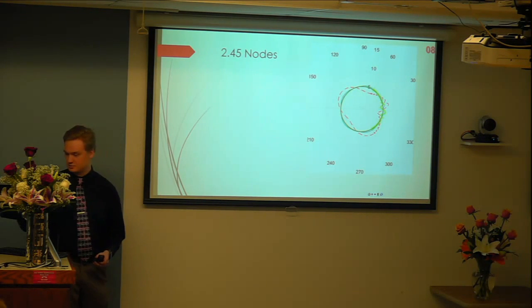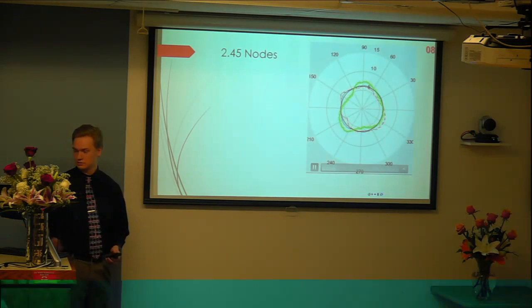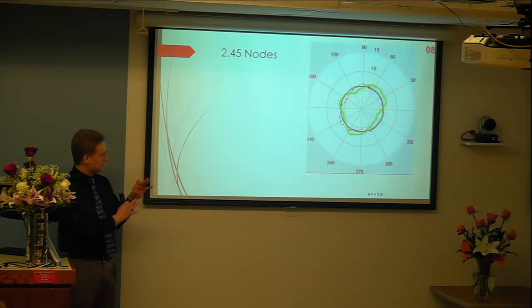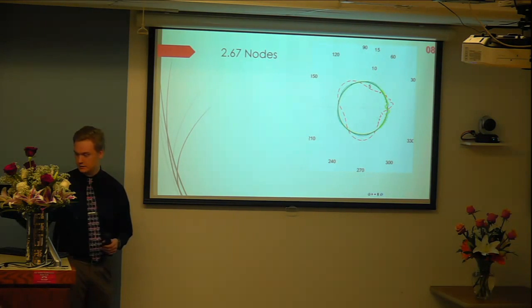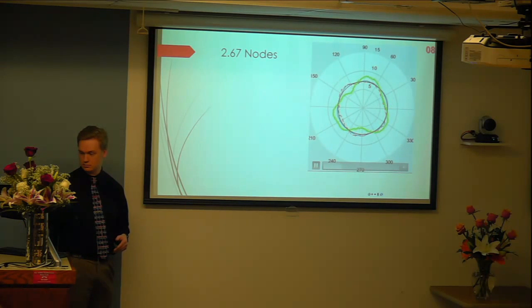And here's 2.45. It started to take shape a little bit. Still a lot of noise, and it's bigger too. Here's 2.67. Kind of a lot of the same. Starting to get a little bit better, I guess.